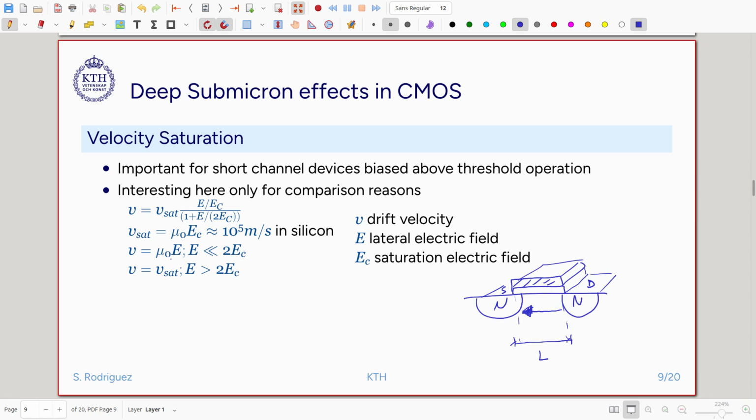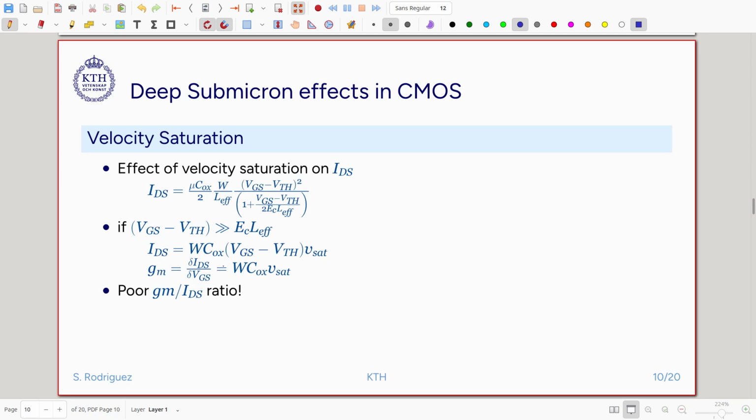The saturation velocity in silicon is around 10 raised to the 5 meters per second, and above that the charges cannot move faster. So what it means for us is that the quadratic equation doesn't hold anymore, because we have to take into consideration the saturation of the electrical field, which depends on the length of the transistor.